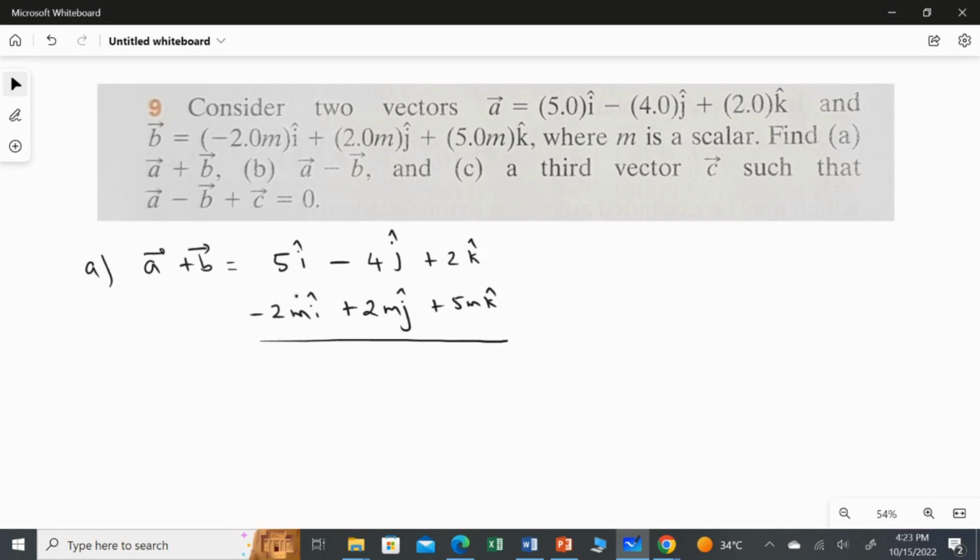So let's start. 5 plus of minus, what's the value? Plus into minus gives you minus. So minus 2m multiplied by i cap, and then we are adding, am I right?